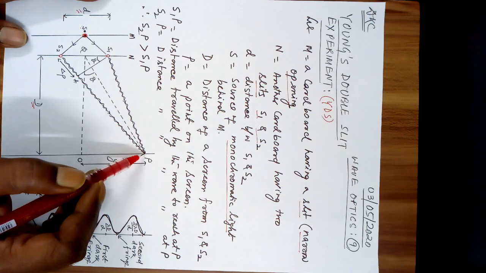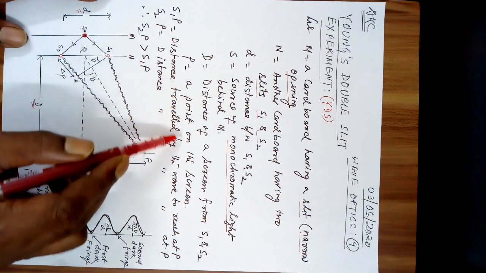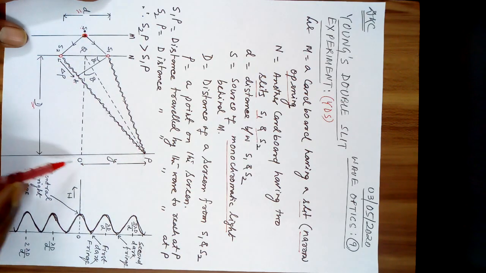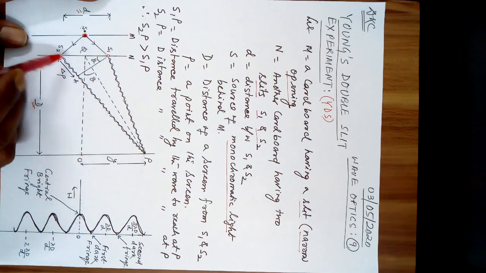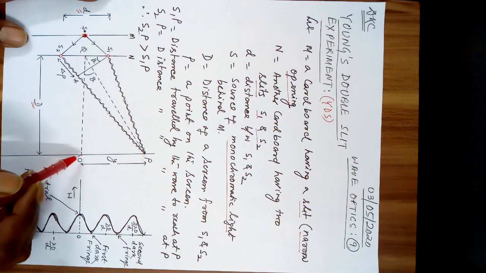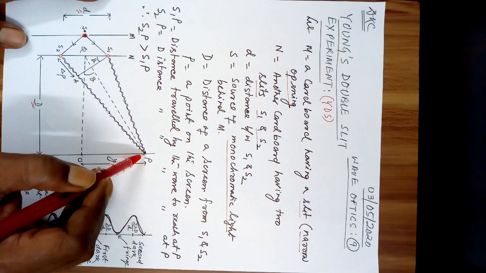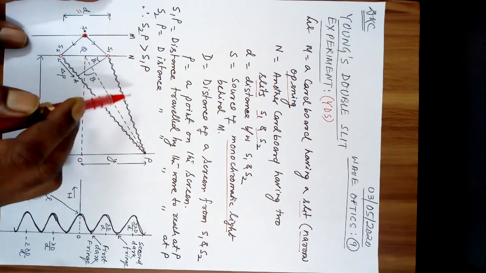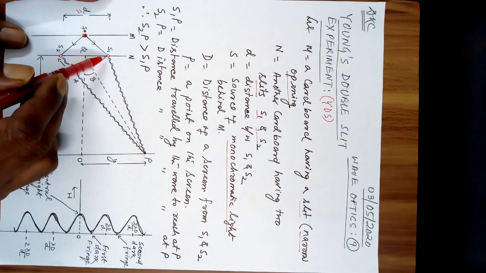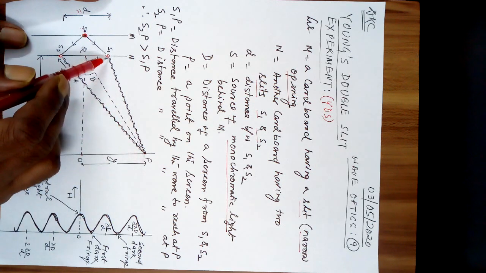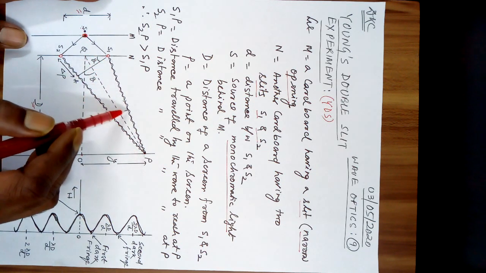Suppose I consider a point P, a point on the screen. This distance is D, this point is O, which is exactly in between S1 and S2, right? From here at a distance Y, I consider a point P here. Now, the wave from the slit S1 while reaching P is traveling this distance in the form of a wave.